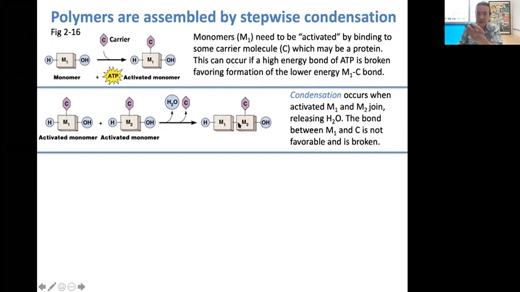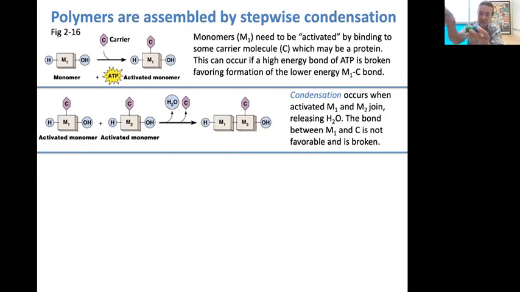And in the process, because you're talking about breaking this hydroxyl group from M1 and breaking this hydrogen from M2, this will only happen if the hydrogen and the hydroxyl group come together and it forms H2O, right? So in the process of these two monomers coming together, a molecule of water is released.